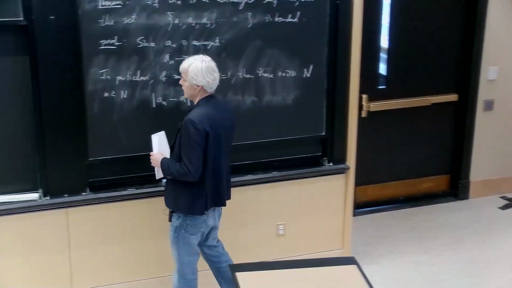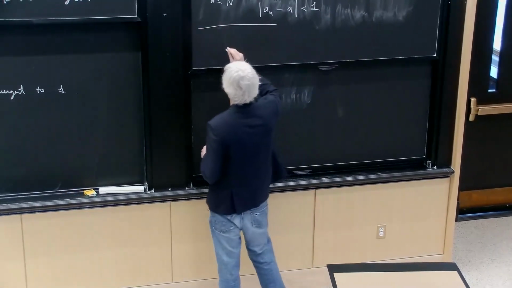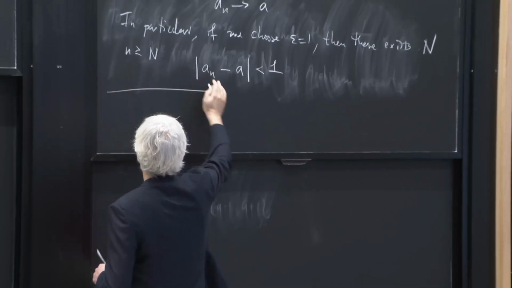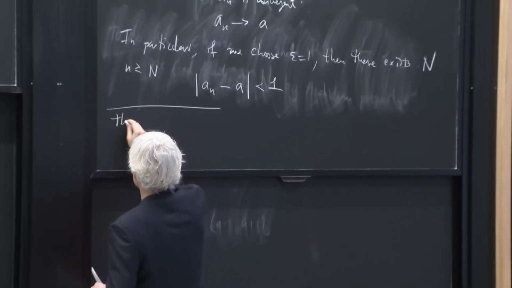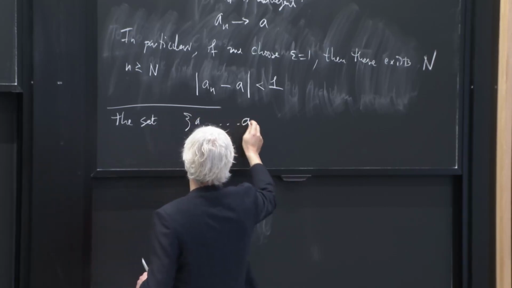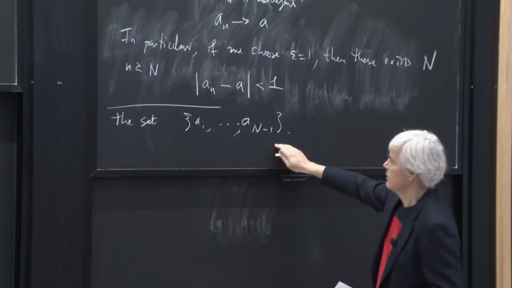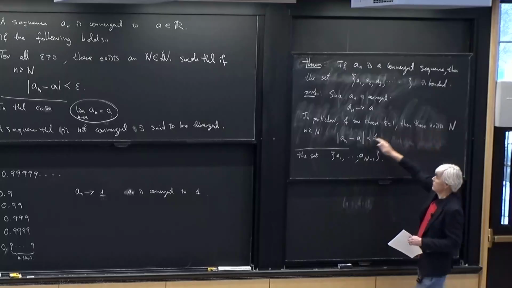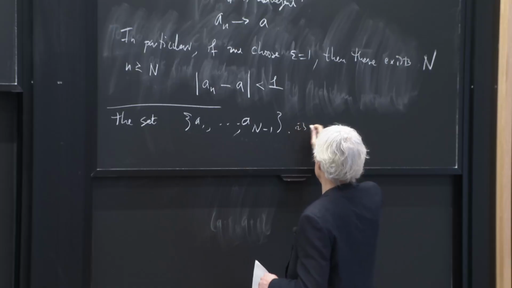Okay, and so now, this is the first observation. The second observation is that if we now look at all the a_n that are not considered here, so if you're looking at the set of the first capital N minus 1 a_n, right? Those are the ones that don't fall under the condition that little n is bigger than the capital N. So this set here is finite.